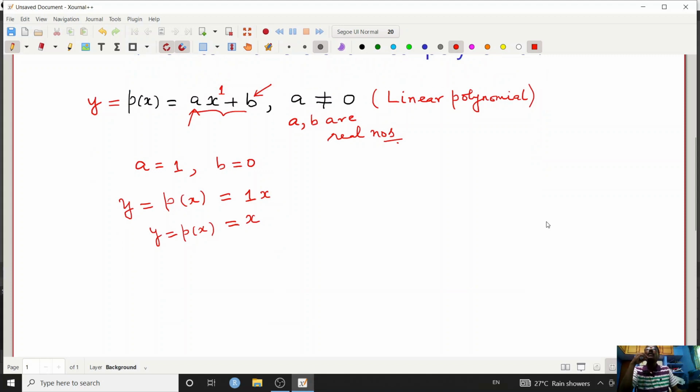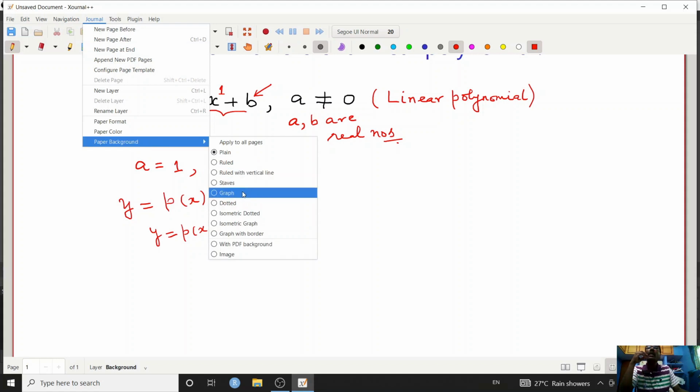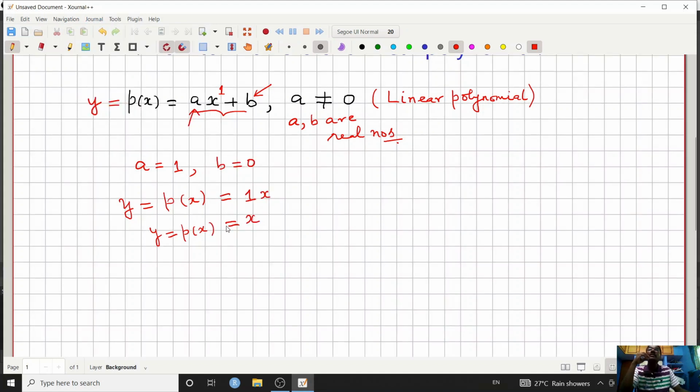Now let us try to draw the graph for this equation, or for this polynomial. Let us draw the lines.